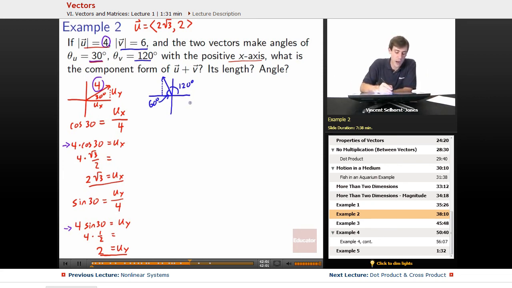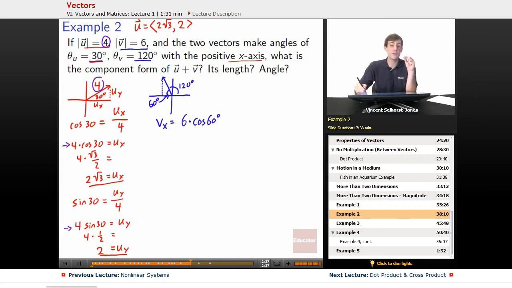So now we want to figure out the Vx component, the horizontal component, and the Vy, the vertical component. So Vx is going to be equal to, so it's 60, right? So we've got 60 in the angle, and it's going to be side adjacent, so it's going to be the length, 6 times cosine, side adjacent, of the angle involved. However, there's one thing we need to notice.